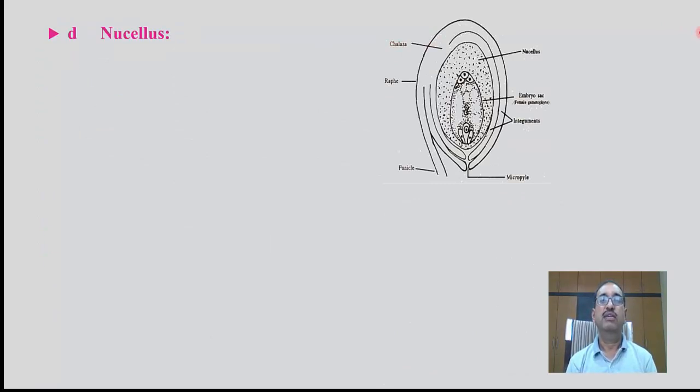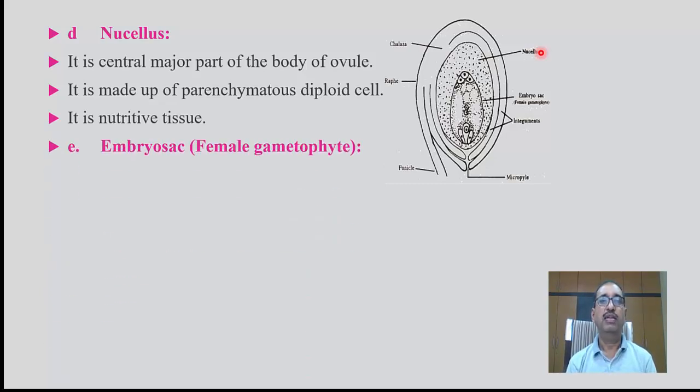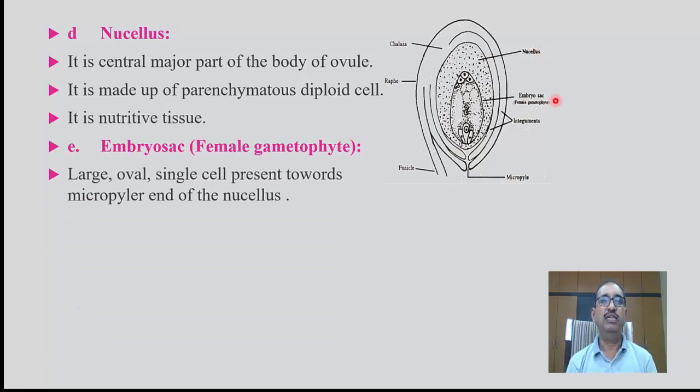Nucellus. It is the central major part of the ovule. It is made up of parenchymatous diploid cells. It is nutritive tissue.